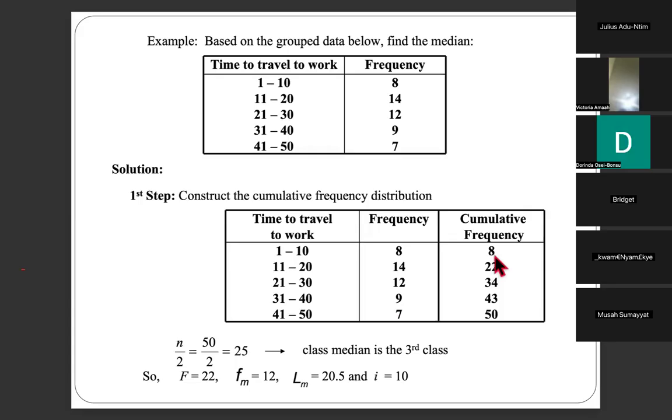But we see from the cumulative frequency that the 25th position will not be here because this one is made up of 8 people. So this will be the first 8. This will be the first 22 people. But you will see that the 25th person will be in this group.